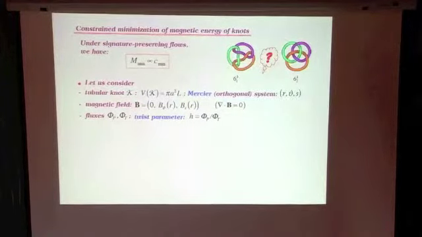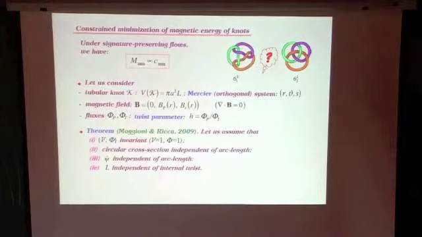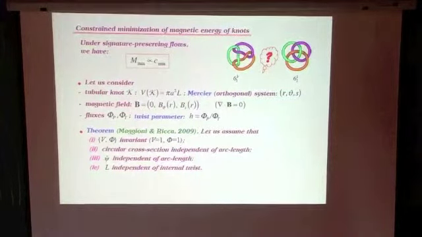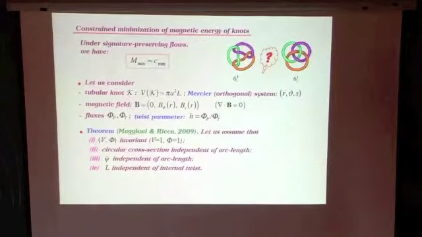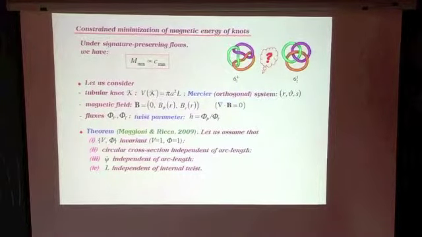And the magnetic field, I assumed, is that one, and the flux and ratio for the twist parameter as that. Moreover, we kept the cross-section circular. We kept this fluctuating function psi tilde that you saw in the expression for the magnetic field in terms of fluxes as basically independent of arc length. And we also took the total length of your knot as independent from the internal twist.